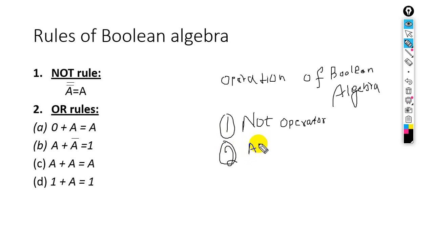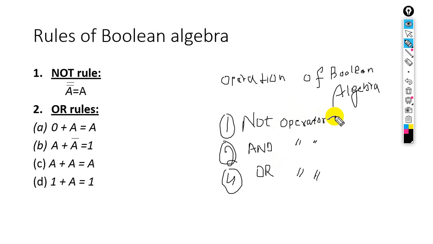Then we have the or operator. These are the three basic operators that we use in Boolean algebra. Just like we have three logic gates, we have three Boolean operators. Now, what about the not operator?